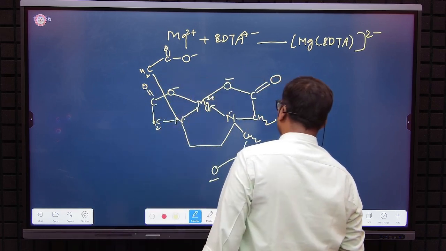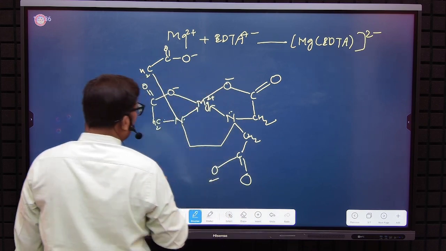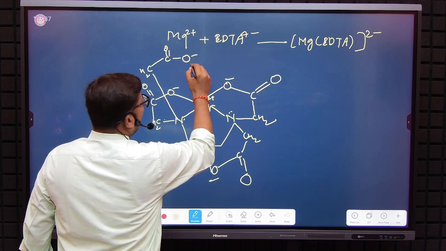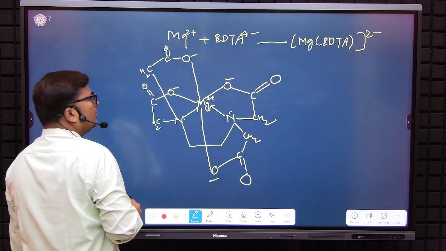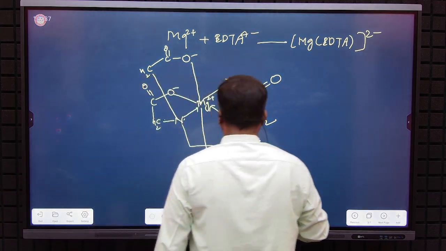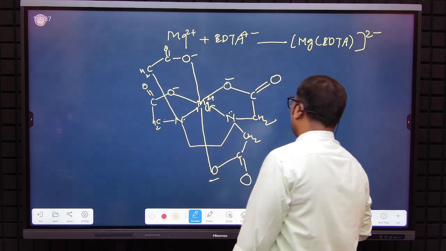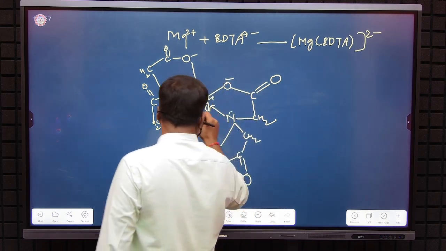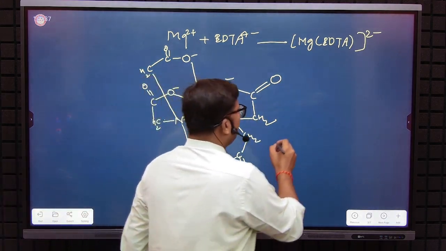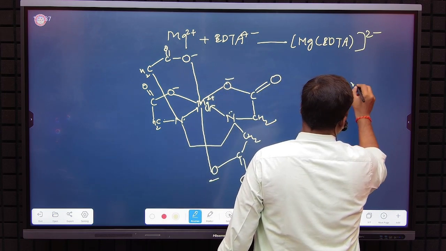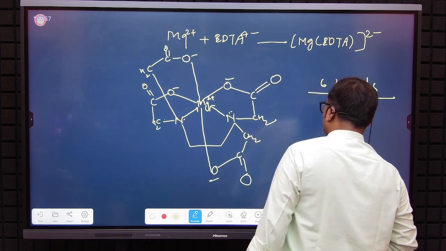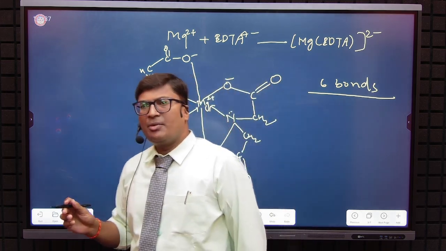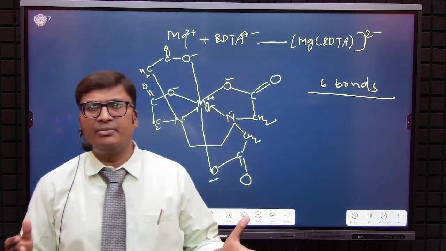occupy axial position, so it forms such type of bond, right? So overall this Mg contains 4 plus 2, 6 bonds, right? 6 bonds. 6 bonds means this particular structure possesses coordination number 6.